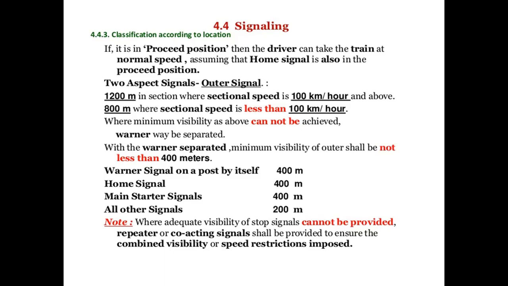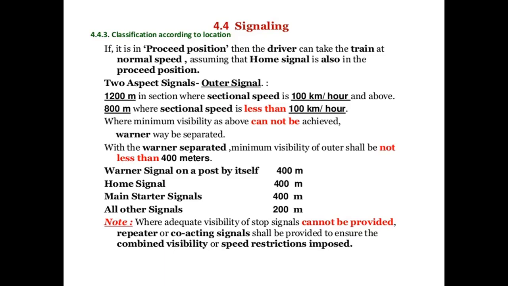The warner signal on a post by itself is 400 meters, the home signal is also 400 meters, and the main starter signals are also 400 meters. All other signals, including home and semaphore signals, are placed at a distance of 200 meters, where adequate visibility of these stop signals cannot be provided.